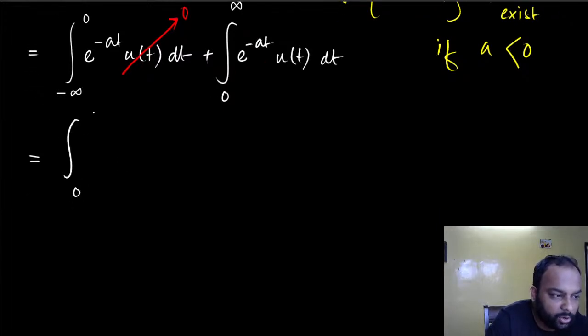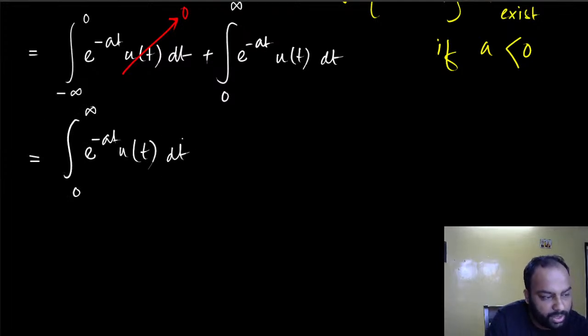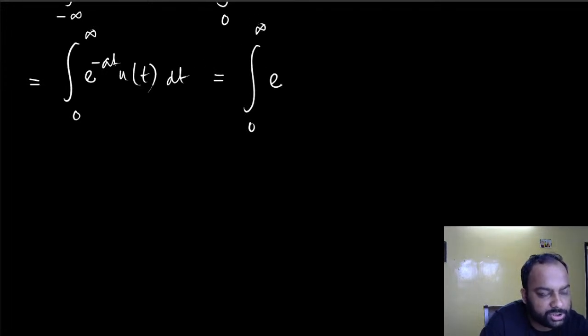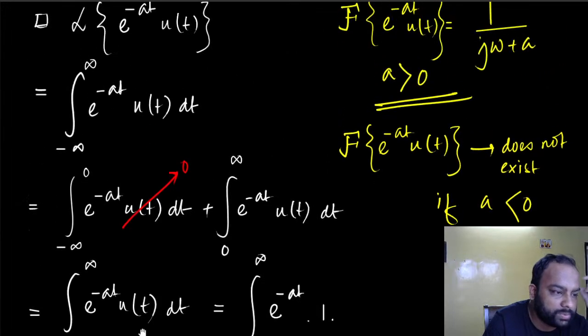So integration from 0 to infinity, e to the power minus at ut dt. Within this limit, ut is 1, so e to the power minus at into 1. What did I just do?